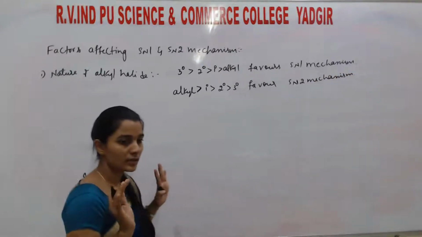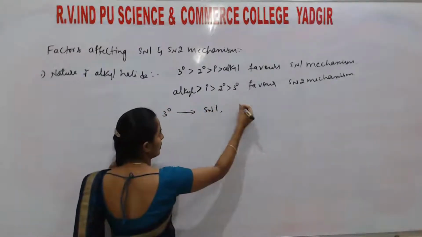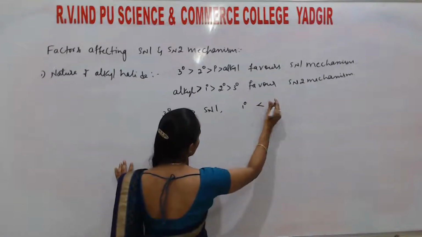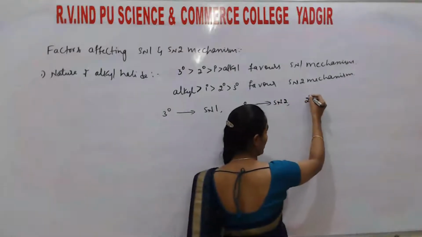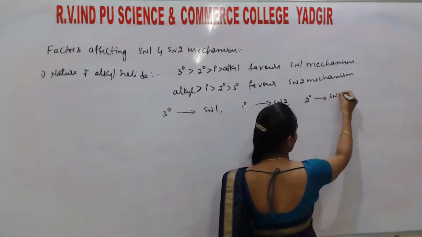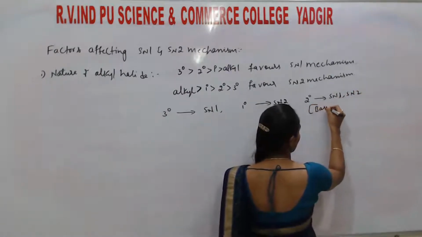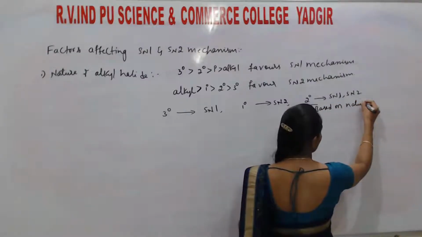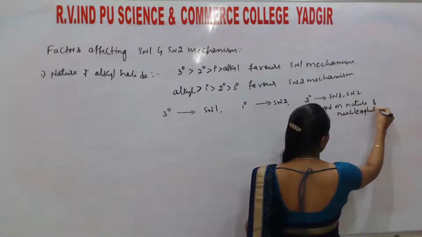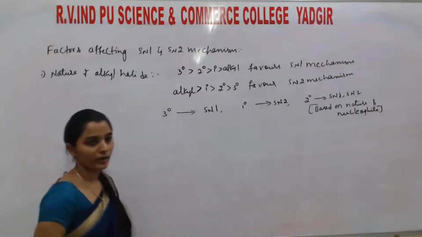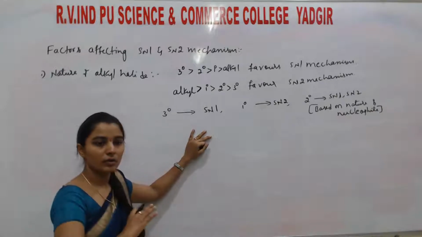Listen, if tertiary alkyl halide is there, it is SN1, no matter what. If primary is there, it is SN2. If secondary is there, it is both SN1 and SN2, based on the nature of nucleophile. If tertiary is there, whether the nucleophile is weak or strong, nothing will matter.